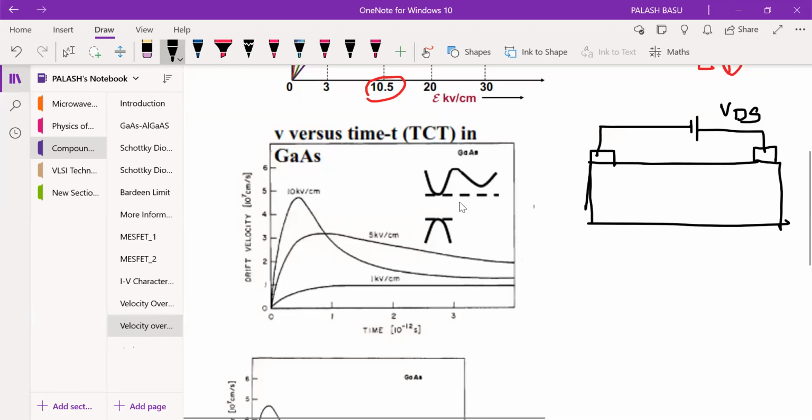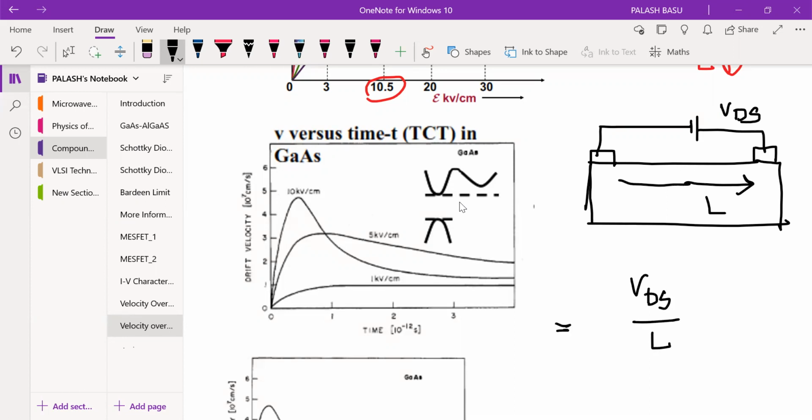This L is the length. Now the idea is like that. This VDS by L is the electric field, right? This electric field should be high.